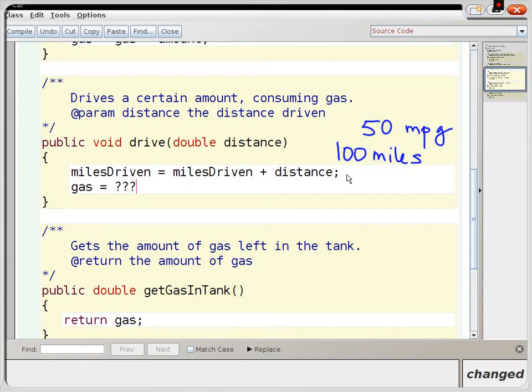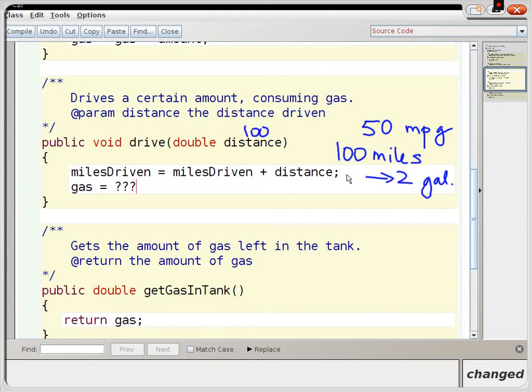How many gallons do we use? 2, right? 50 miles use up 1 gallon, the other 50 miles use up another gallon. And so at this point here, if I'm driving a distance of 100 miles, then I want my gas to go down by 2. Right?